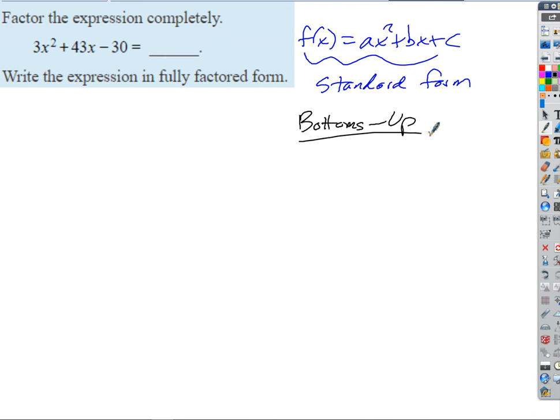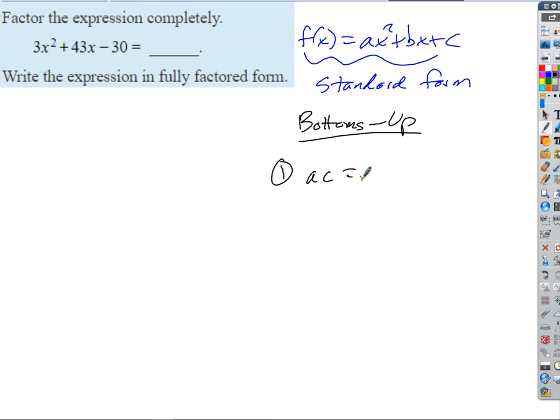Bottoms up is just a really quick, simple way to factor a quadratic, if it's factorable. Sometimes you'll find out they're not factorable. But you're going to factor a quadratic expression where a is not equal to 1, which makes it trickier. So the steps for bottoms up. Step 1 is you're going to find your magic numbers. You get your magic numbers by finding the product of a times c.